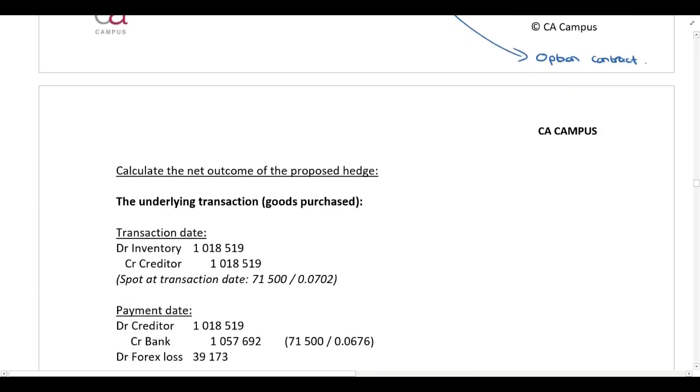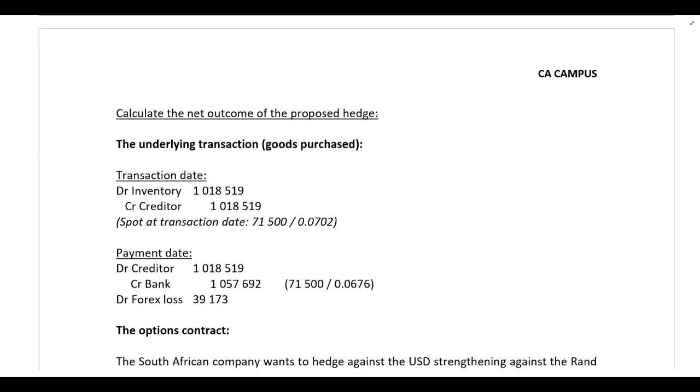So first, if we look at the underlying transaction or the inventory that is being purchased, please note that this calculation is exactly the same as the example that we looked at with the futures contract. On transaction date, when you buy the inventory, you recognize the inventory at spot on transaction date.